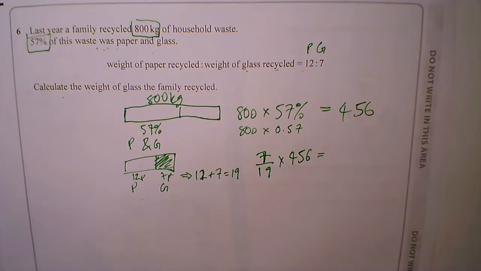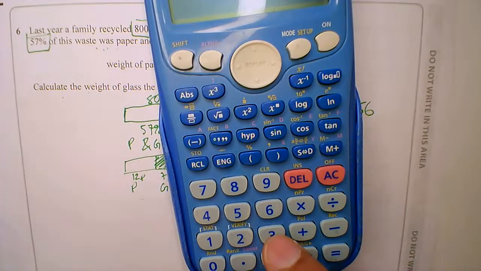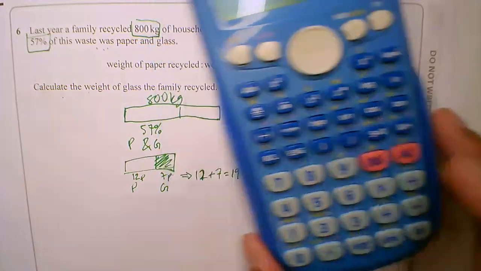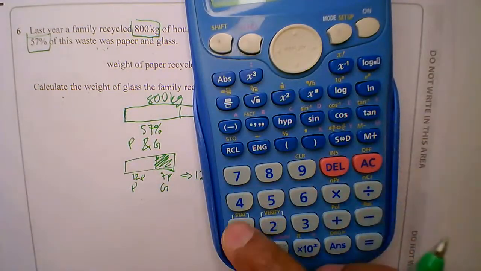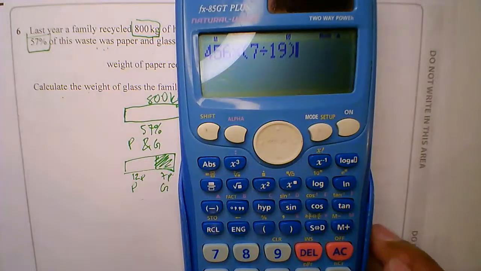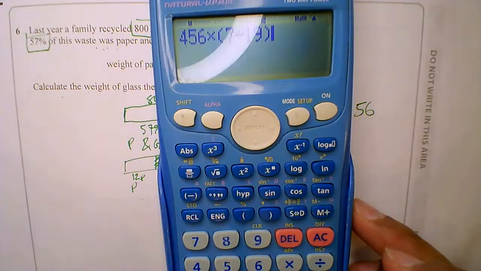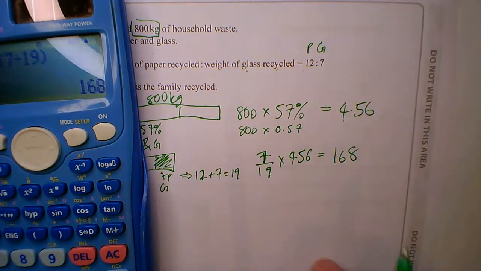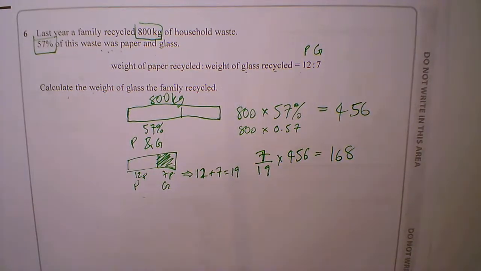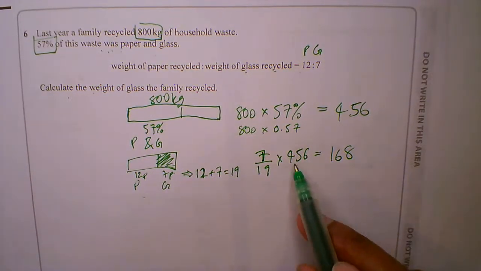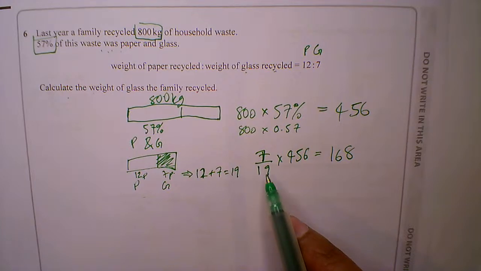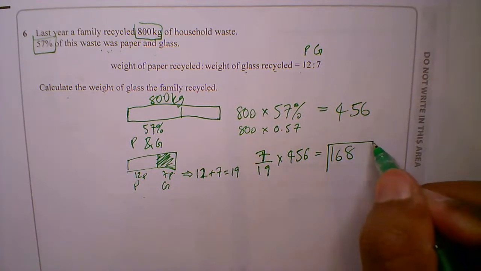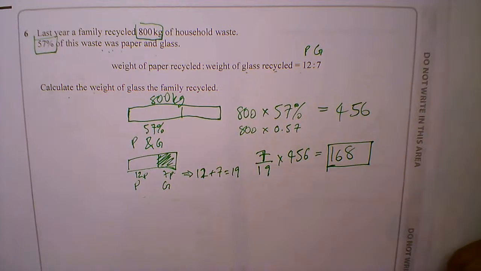So I can do 456 times by bracket 7 divided by 19. Gives me 168. Okay, now you can do this. I could have done just 456 divided by 19, then times by 7. It would give me the same answer. So my final answer is 168.